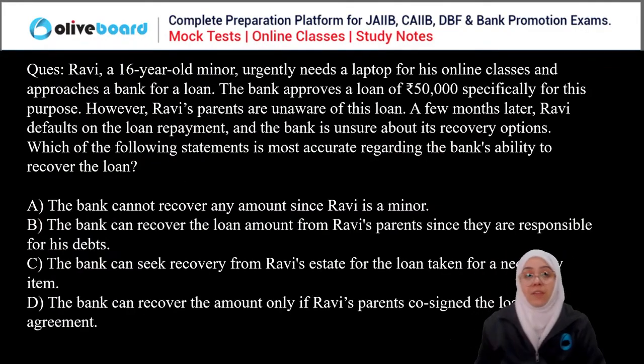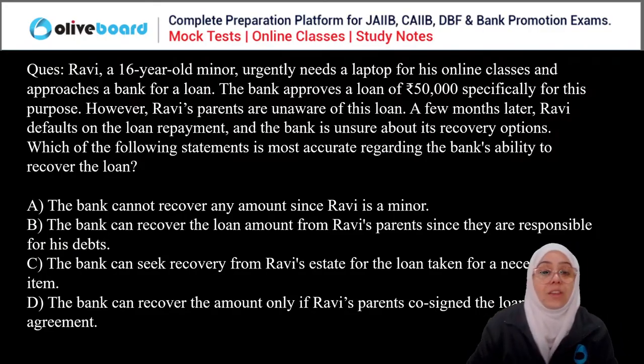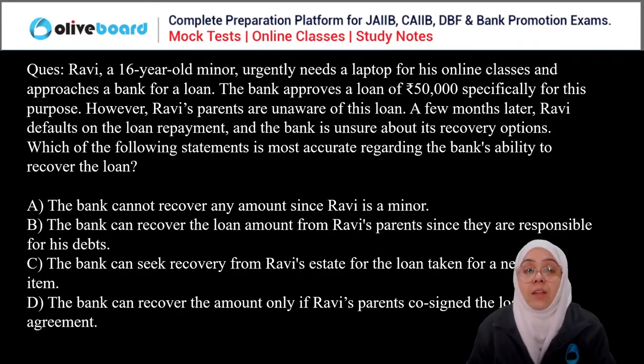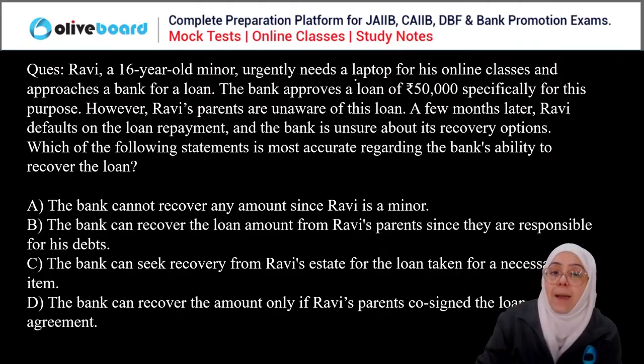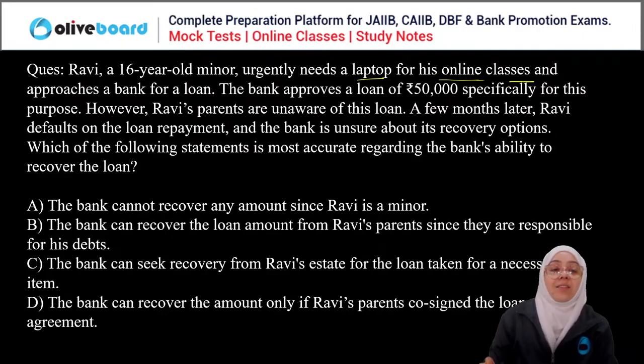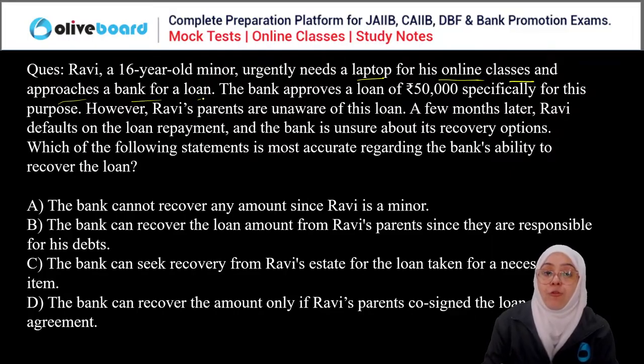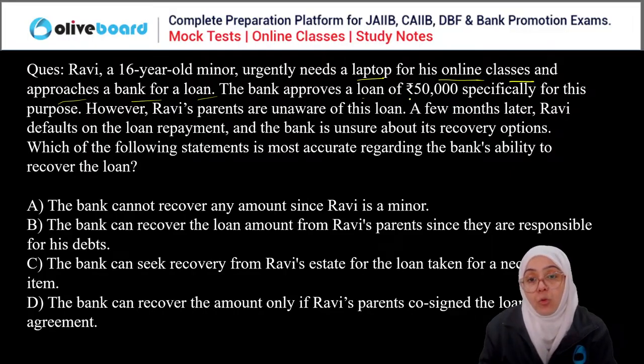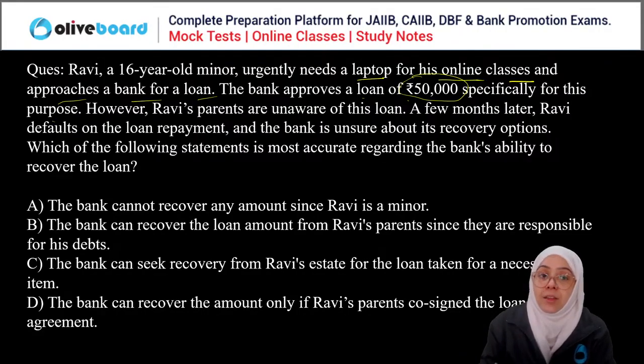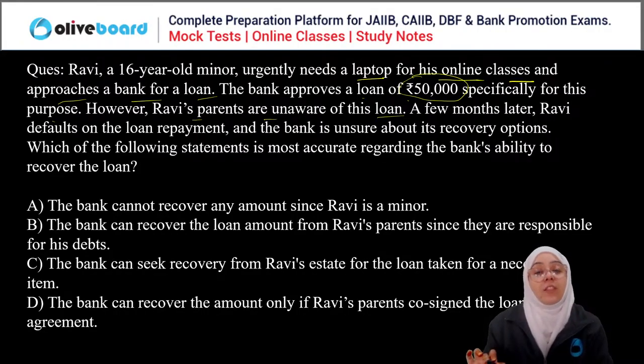Ravi, a 16-year-old minor, urgently needs a laptop for his online classes and approaches a bank for a loan. The bank approves a loan of 50,000 specifically for this purpose. Ravi's parents are unaware of this loan.